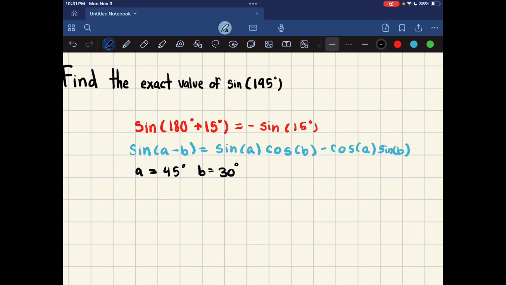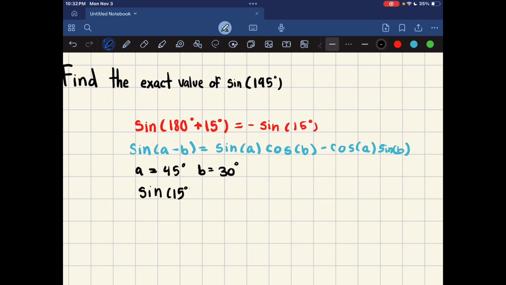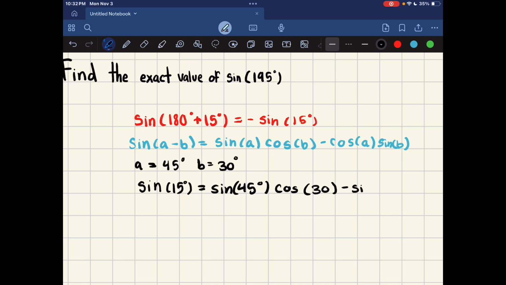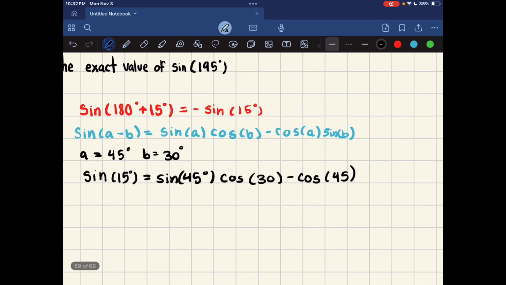So we know that sine 15 degrees, because of the calculations we did there, equals sine 45 degrees cosine 30 degrees, negative cosine 45 degrees sine 30 degrees.